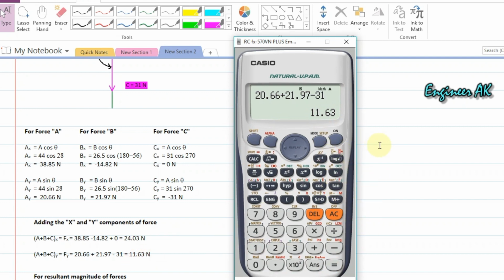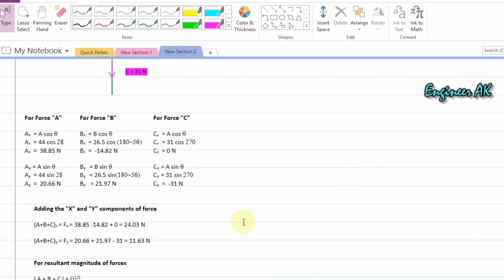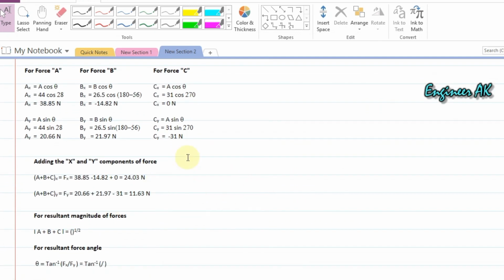So now we know we have this F of x, the x component, and the y component. For finding the resultant, we can take the square of the x and y components under the root.